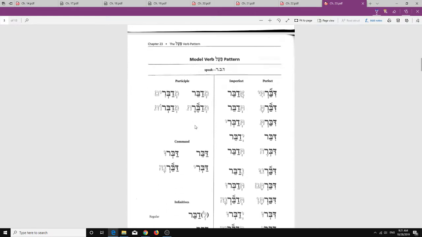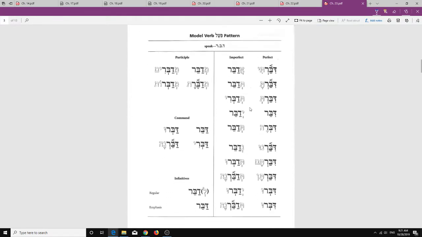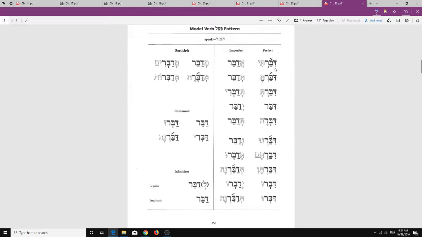So let's take a closer look at this pattern, okay? Here's our verb chart that we've been working with for the past few chapters now. So first let's point out a few things. The Piel pattern, the distinguishing mark for it, is this dagesh in the middle root letter, okay?